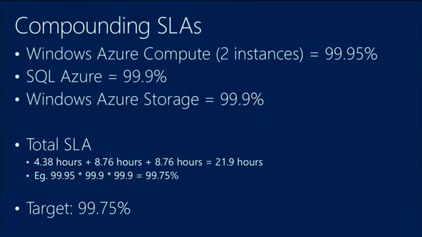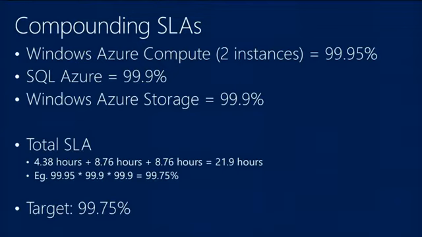So, another thing is, when we use Windows Azure, for example, we're using several different elements. For example, I'm using cloud services, so I have 99.95. I'm using storage, I have 99.9. I'm using SQL Azure, 99.9. So what will I achieve?